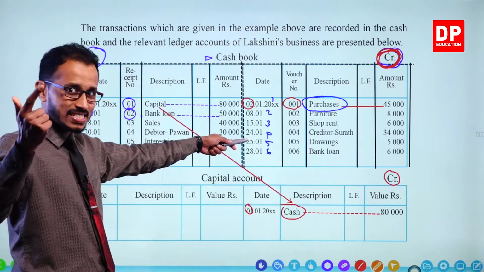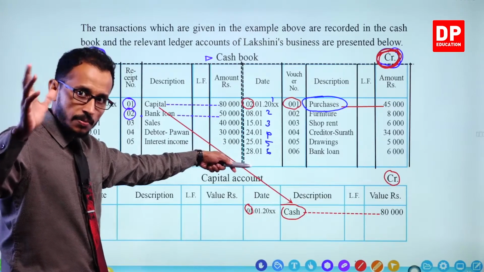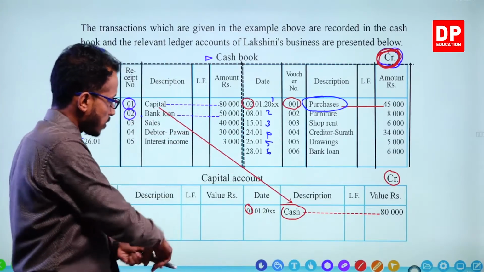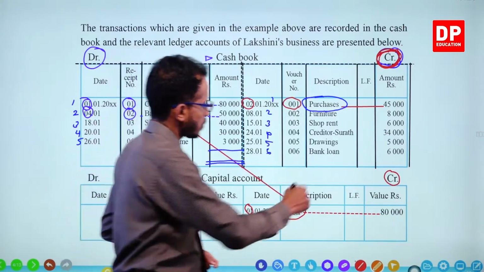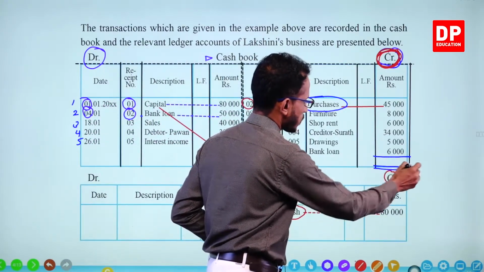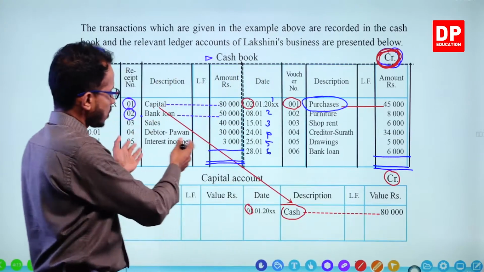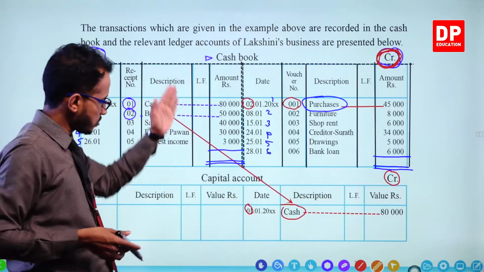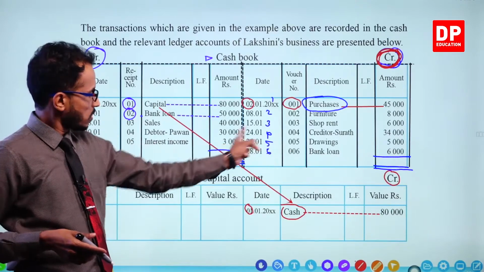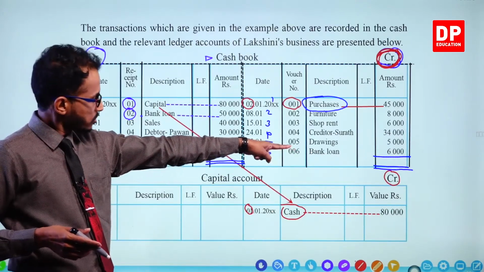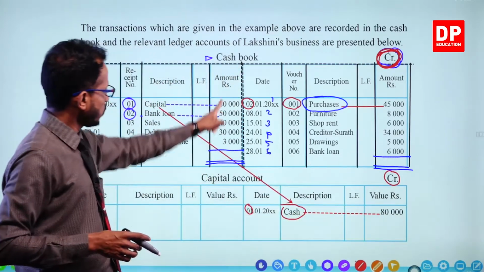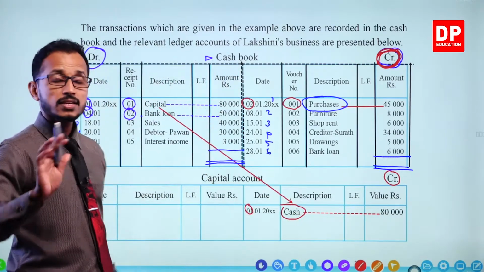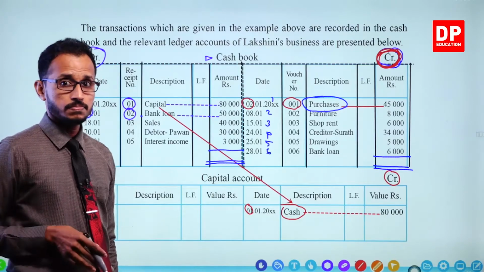It's just a guess, children. You don't draw a total box to take the sum total. You don't draw a sum box and take the total and write. No. It is just a guess.